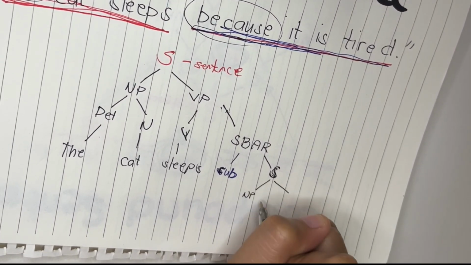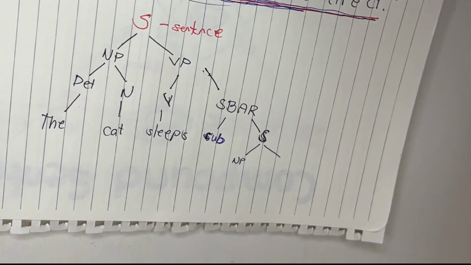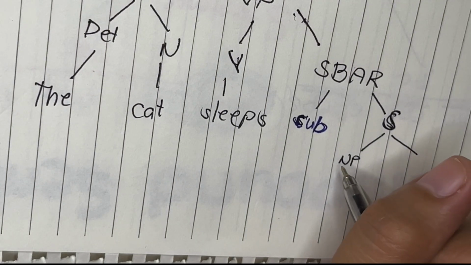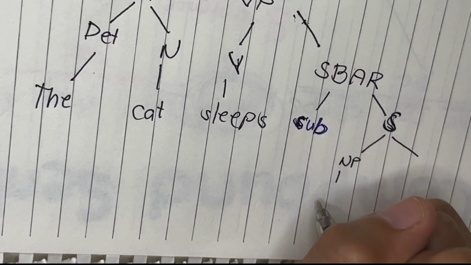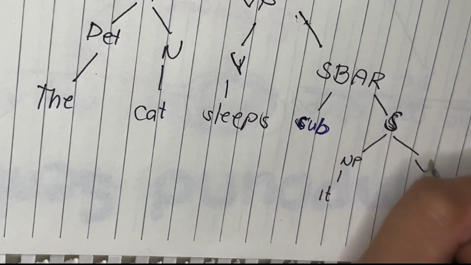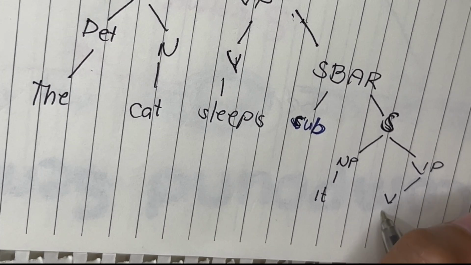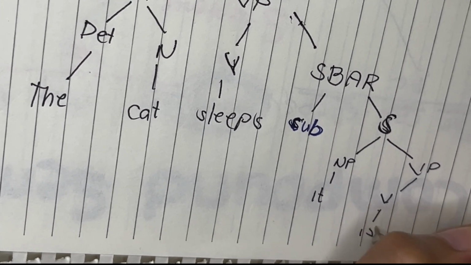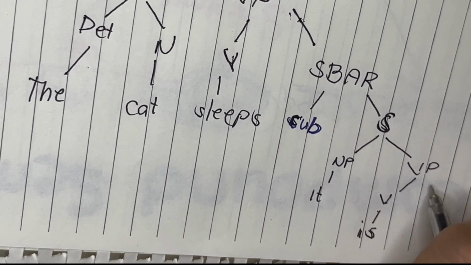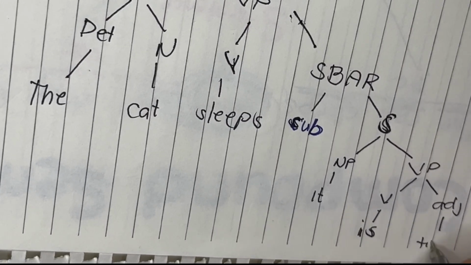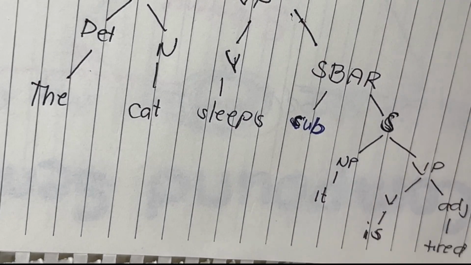The NP, and the verb phrase. Our verb is is, and the adjective, tired.